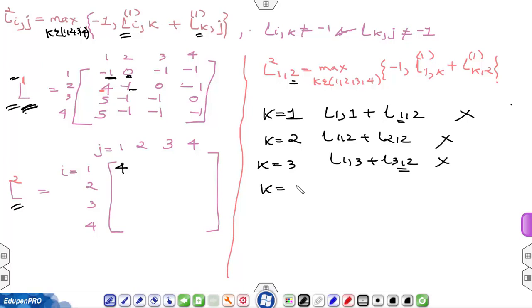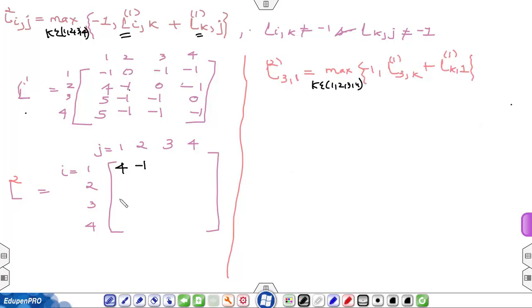And for k equal to 4, L(1,4) plus L(4,2), 1 comma 4 is again negative, so no need to check. So no value of k is valid, so this is invalid, only minus 1 is remaining, so the value of 1 comma 2 is minus 1.